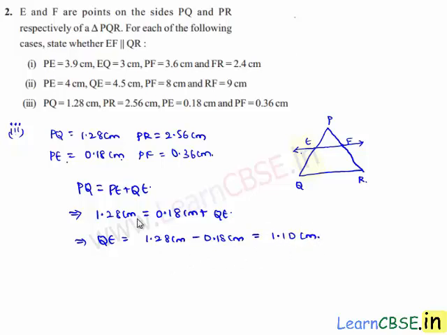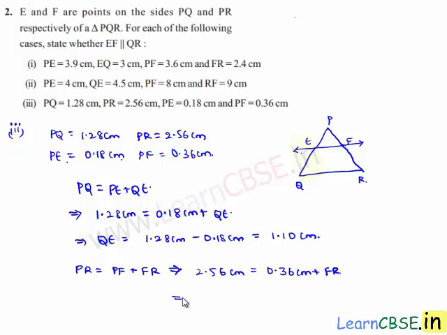And similarly, let us find FR by using the relation that PR is equal to PF plus FR. That implies PR is 2.56 centimeters, which is equal to PF, which is 0.36 centimeters, plus FR.